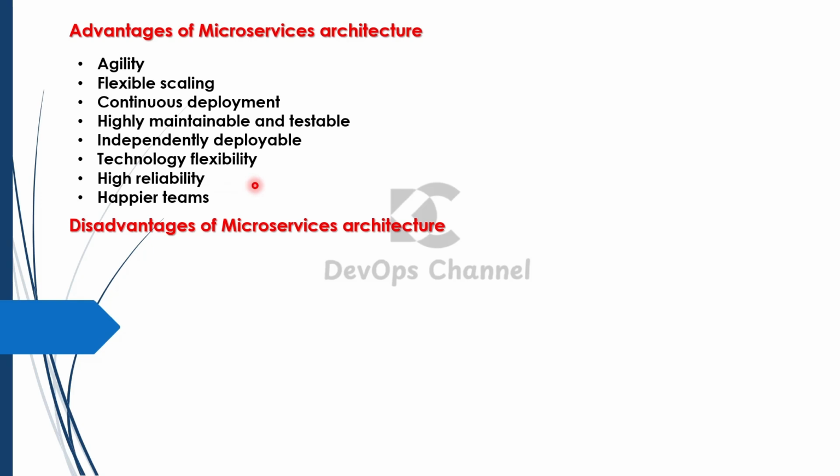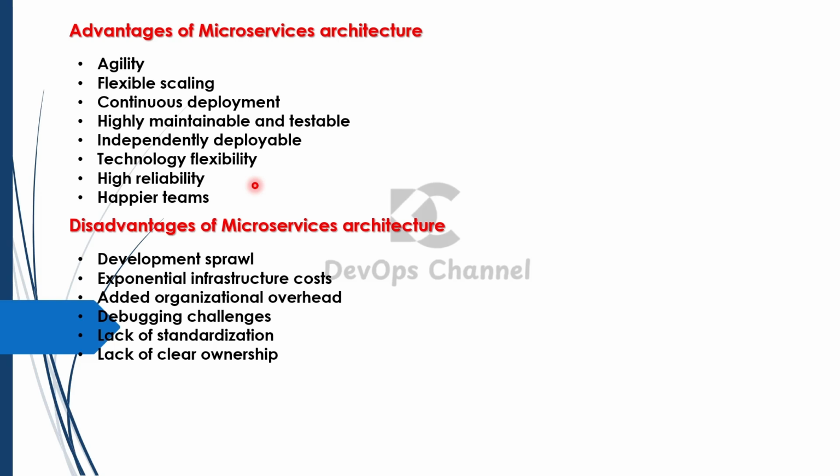Now, if you talk about disadvantages, there are disadvantages also. The first one is development sprawl, so there is a lot of development complexity between them. Then exponential infrastructure costs: if they are deployed on different infrastructure or different services by separating their management, of course they will cost more than the monolithic. It also adds organizational overhead.